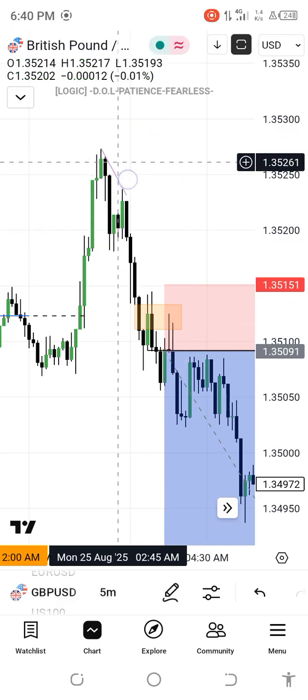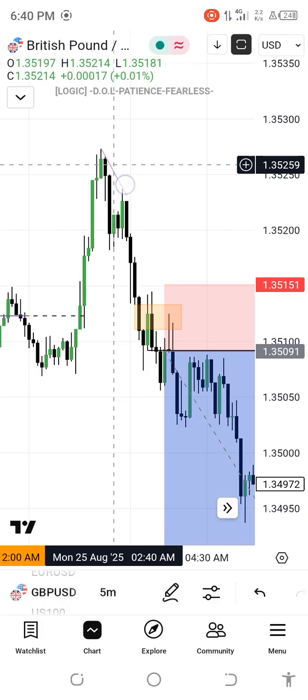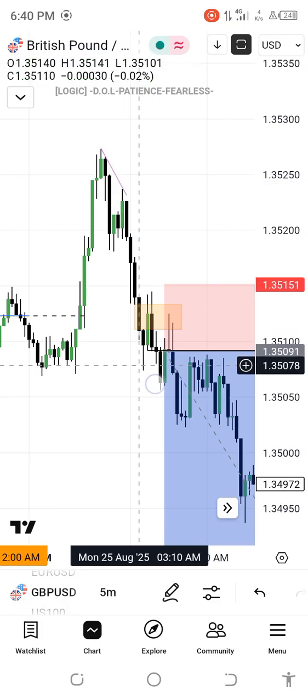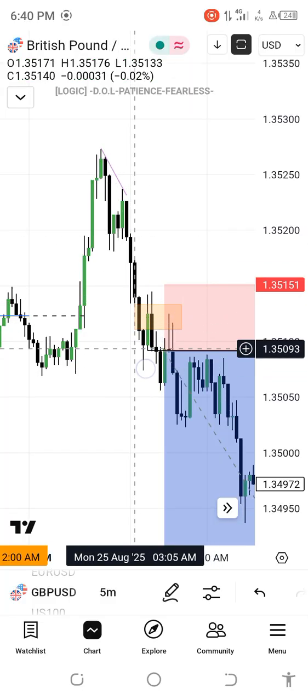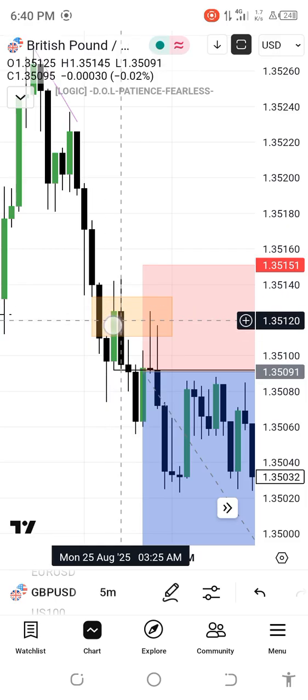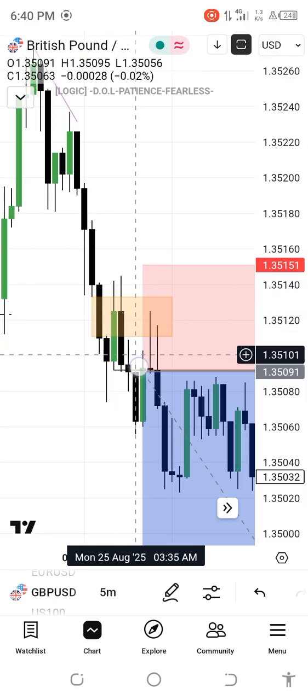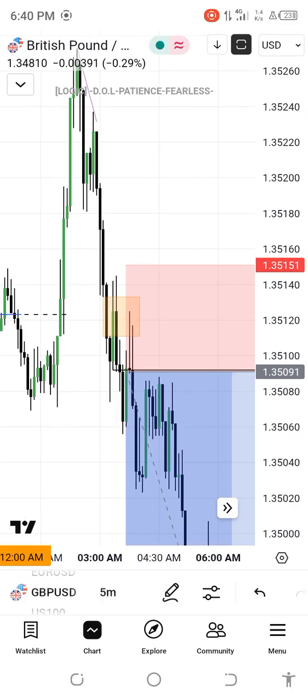So from what I noticed, the SMT here against Euro USD, and then it smashed down, leaving this fair value gap and this fair value gap, and the market later retraced down back into this particular fair value gap. The moment it broke down, I just saw that to be another opportunity for me to take a trade there.